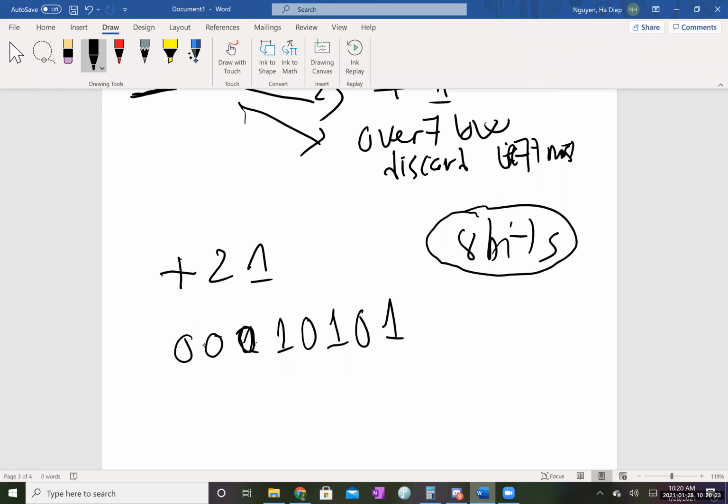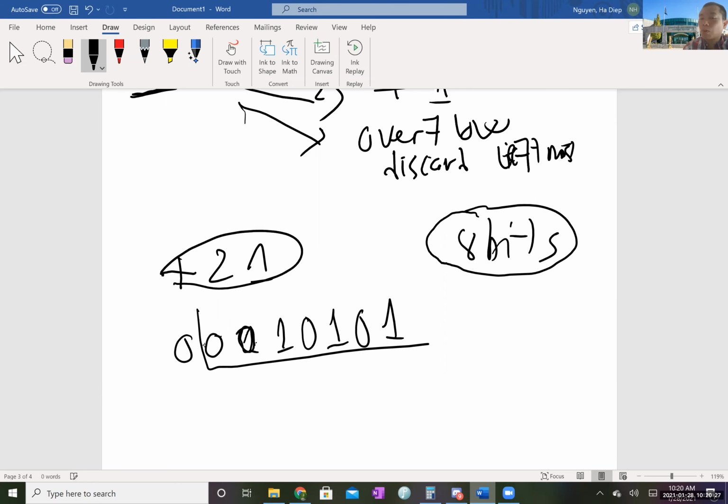Is that correct? Yeah. Now you see, positive is always the same. You just convert 21, and you add 0s to the left to make it 8 bits.